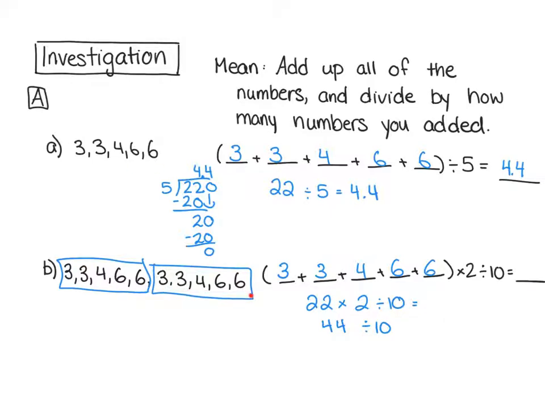So we need to divide it by 10. So 44 divided by 10 is also 4.4, because we just need to take our decimal. Division tells us we move the decimal to the left. There's 1 0, so we move it 1 place to the left. So it's 4.4.